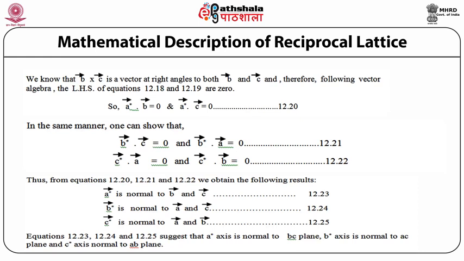Equations 12.23, 12.24 and 12.25 suggest that A star axis is normal to BC plane, B star axis is normal to AC plane, and C star axis normal to AB plane.